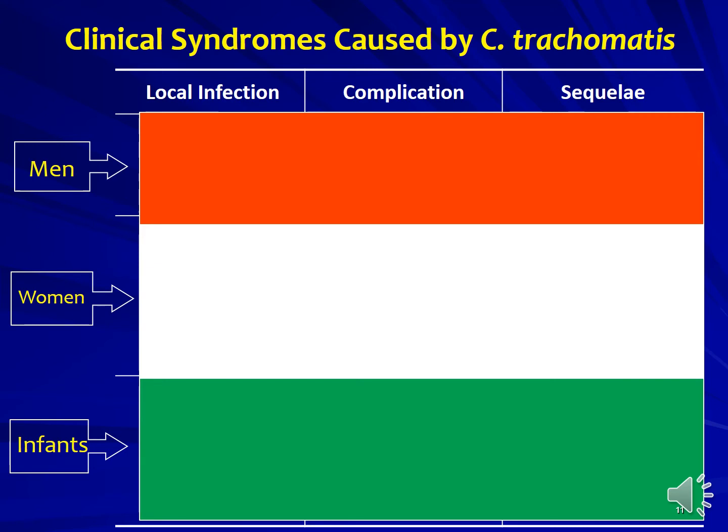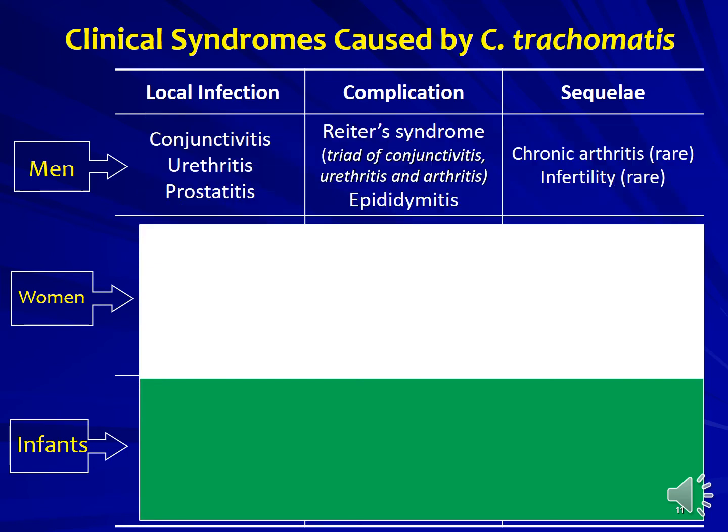The clinical syndromes produced by Chlamydia trachomatis: among men, they produce local infections like conjunctivitis, urethritis and prostatitis, and they may be complicated as Reiter syndrome, which is the triad of conjunctivitis, urethritis and arthritis, and epididymitis is also possible.